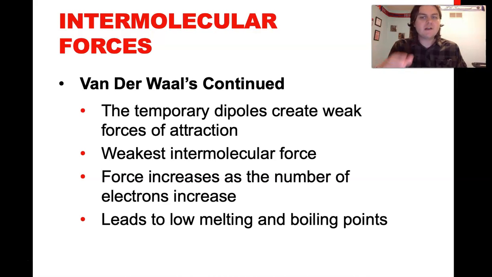These temporary dipoles create an attraction between molecules. Again, intermolecular forces are between molecules. And like I stated previously, van der Waals are the weakest of these intermolecular forces. We're going to learn about dipole-dipole and hydrogen bonding, and those subsequent intermolecular forces will increase in strength.